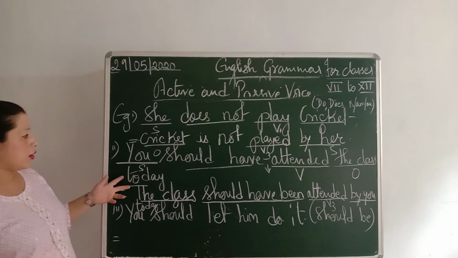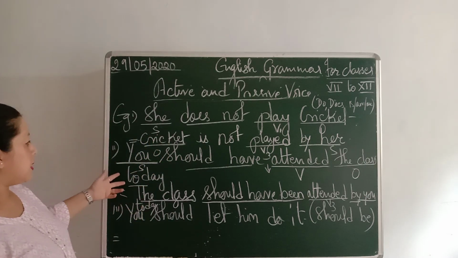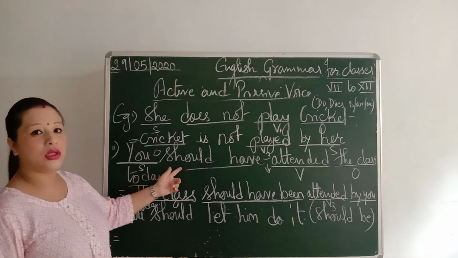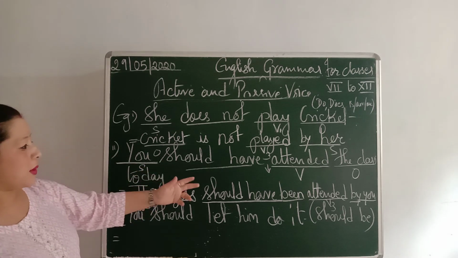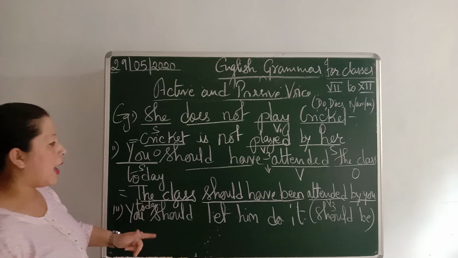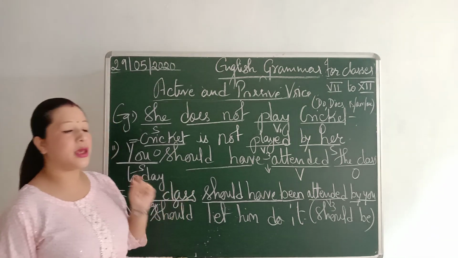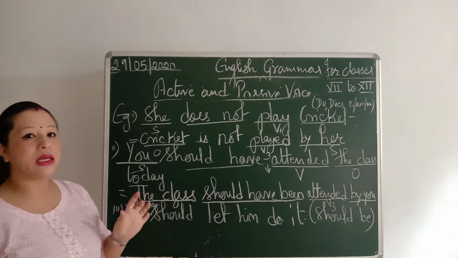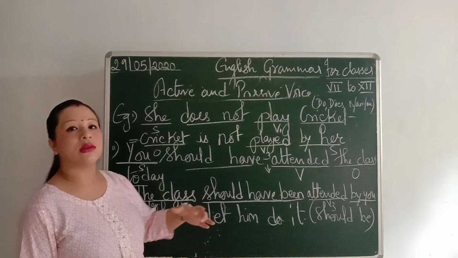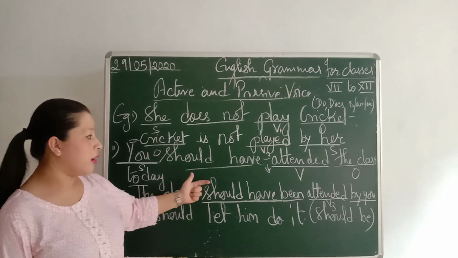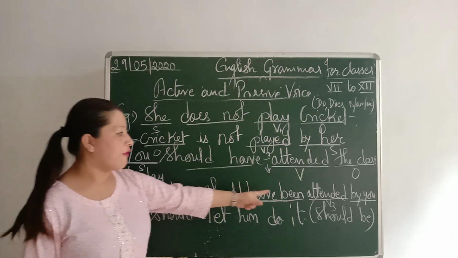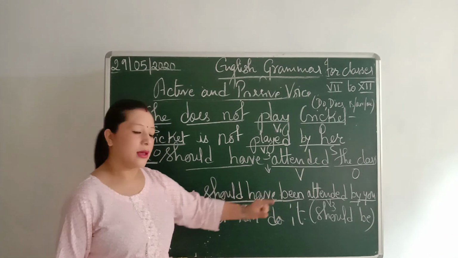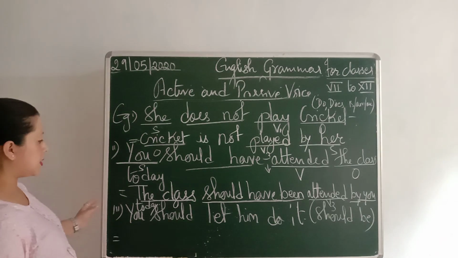Okay, so this is how you have changed the sentence. I told you, should is a modal word. The class should have been attended by you today. I told you there is be, bee, and been, being. These words will be added just after a modal word, and here the modal word is should. So you have added been. Is that clear? See the sentence properly.